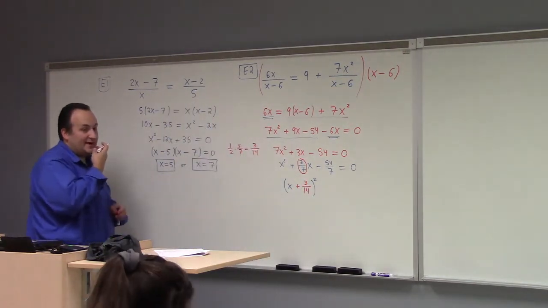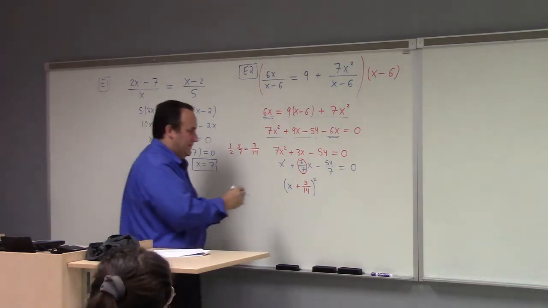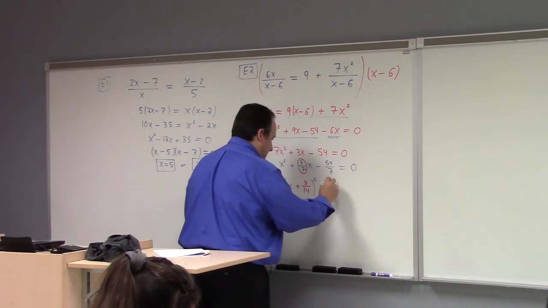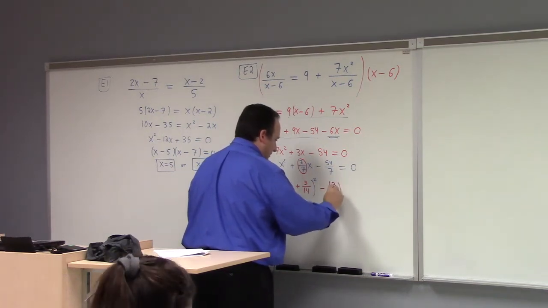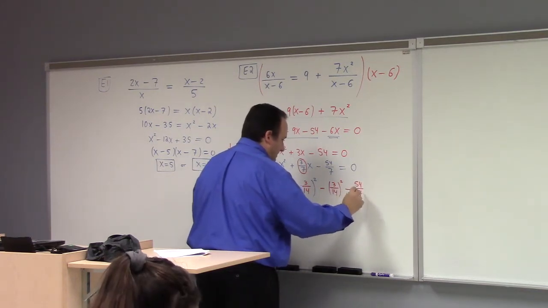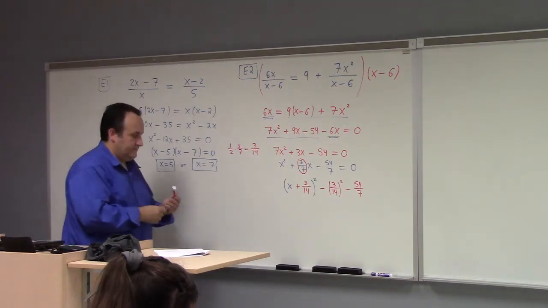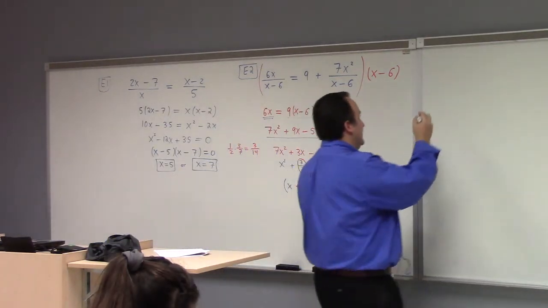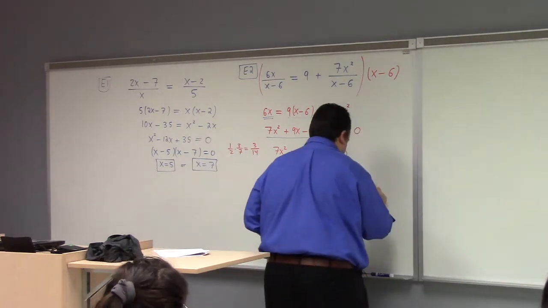And then to be fair, I have to subtract the square of 3/14, so minus 3 over 14 quantity squared, minus 54 over 7, all of that equal to 0, right?